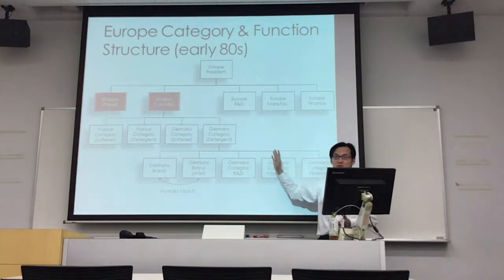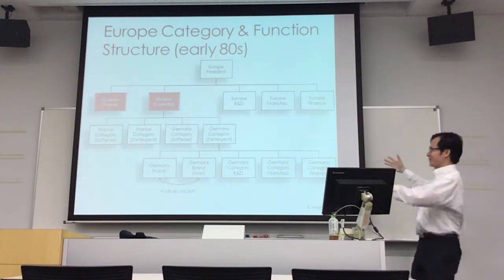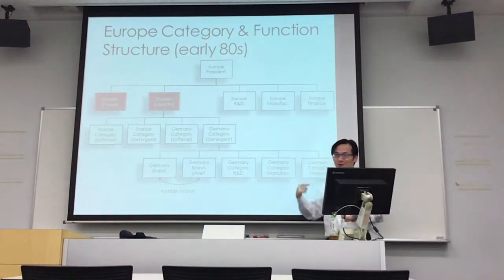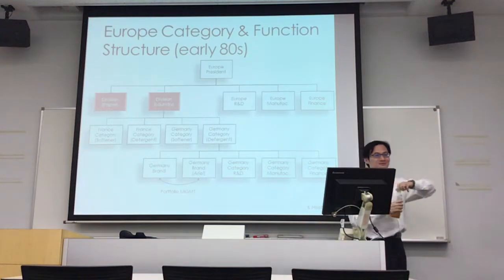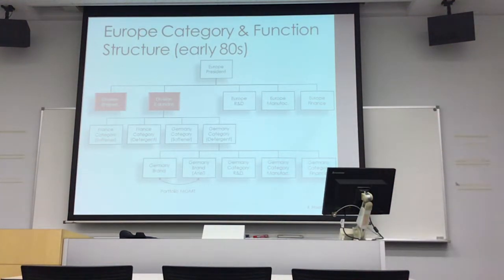So these were not shown on the organizational chart, because if you try to draw everything, I don't know where it will go. This helps a company to focus on each market and to take care of each segment in the market.